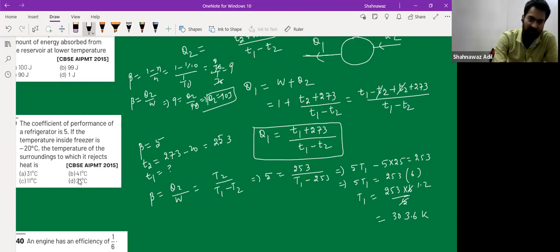So the options are in degree Celsius, right? So we have to change this again to degree Celsius. 303.6 minus 273 gives about 30.6, so this is 30 something. So which one is the closest?